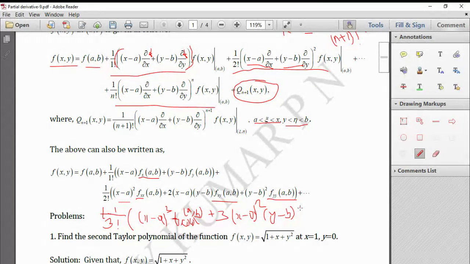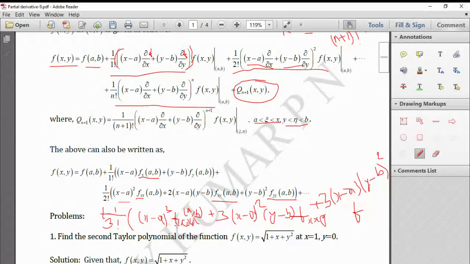Plus 3 times (x minus a) into (y minus b) whole square, so here 3 into (x minus a) whole square (y minus b), and now here 3 into (x minus a) into (y minus b) whole square.